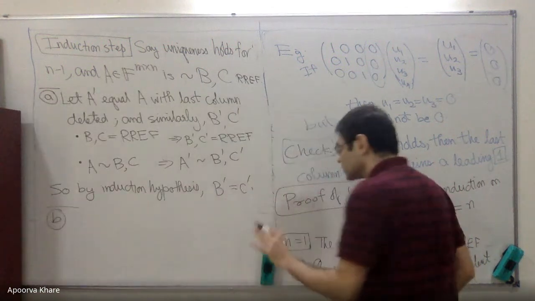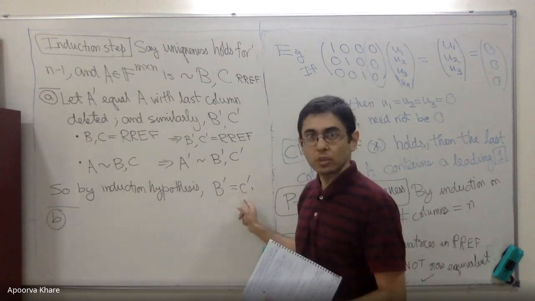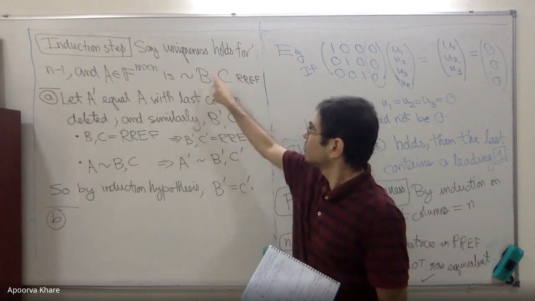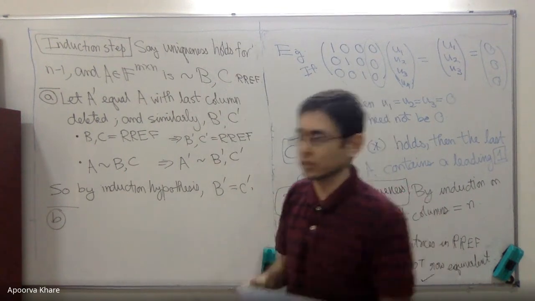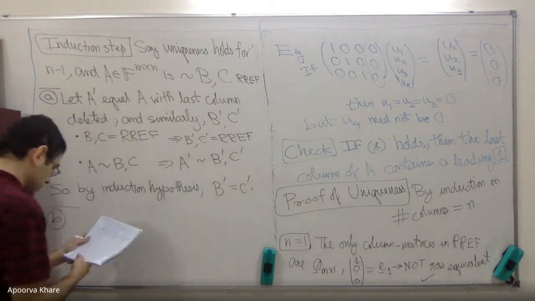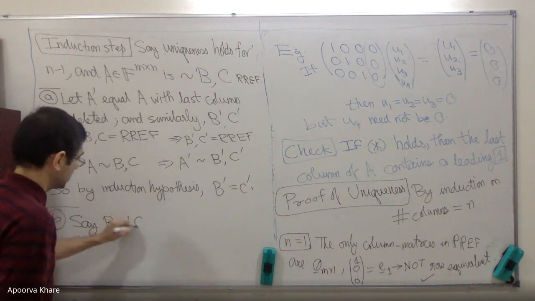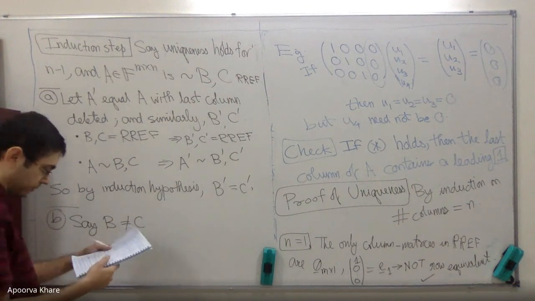Okay, so now let us assume that while B prime is equal to C prime, so everything except the last columns of B and C agree. Let us assume that B and C do not equal each other. Say B not equals C, meaning the last column is different.